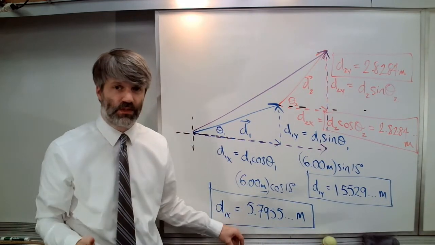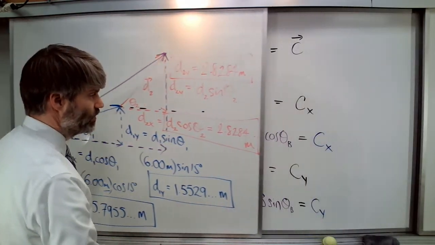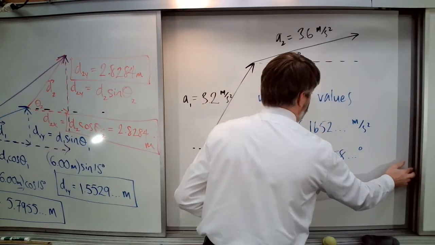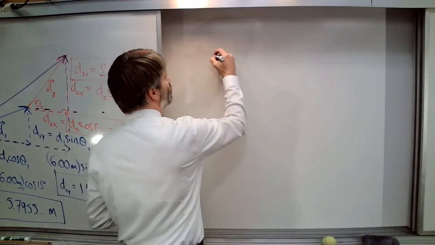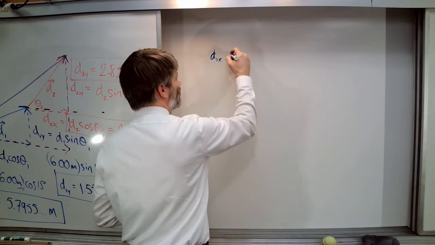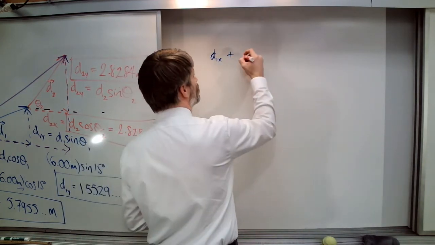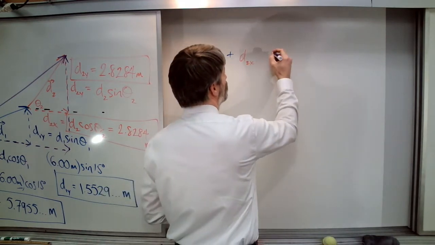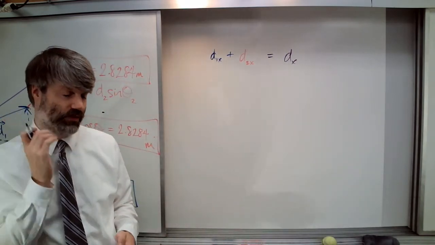At this point, we're just going to be adding these numbers together, right? So D1's X plus D2's X will give us the X component of our final displacement vector.